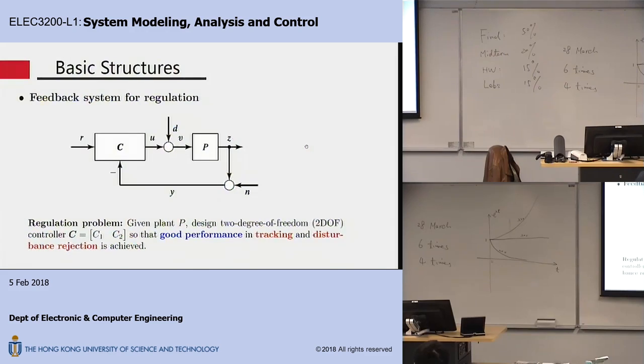C1 goes this way and C2 goes this way. So you see that we need to learn how to deal with this kind of system, and this decomposition is one way to deal with it. In this regulation problem, the reference is here. The reference is key, and you want the output to track it, to follow it. Okay.